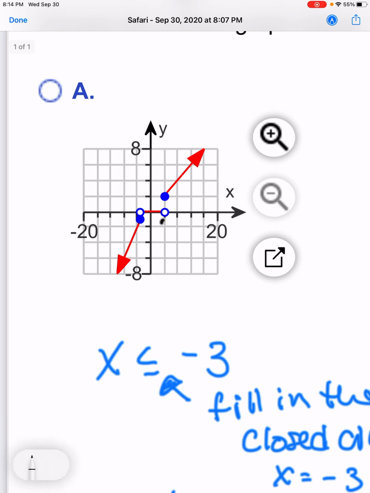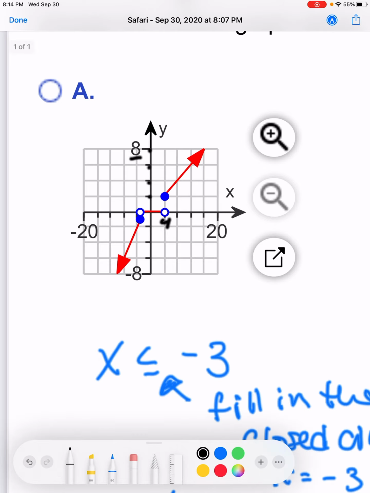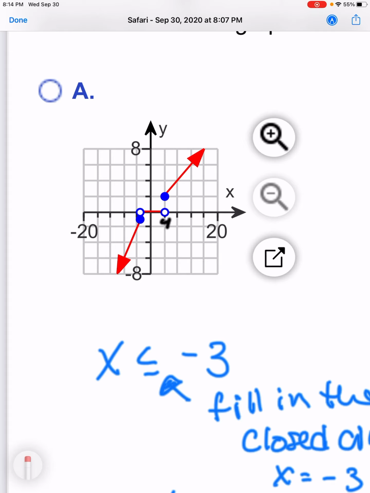So this will be a 4 on our x value. Our y value goes to 8, and we have 1, 2, 3, 4 tick marks. So each of the tick marks on our y-axis will be worth 2.